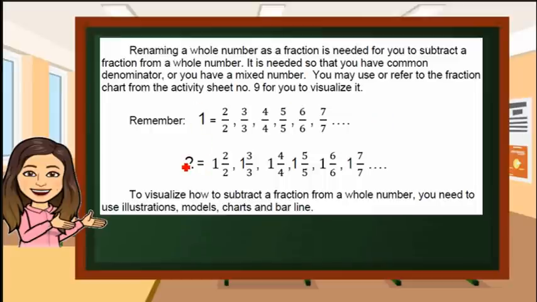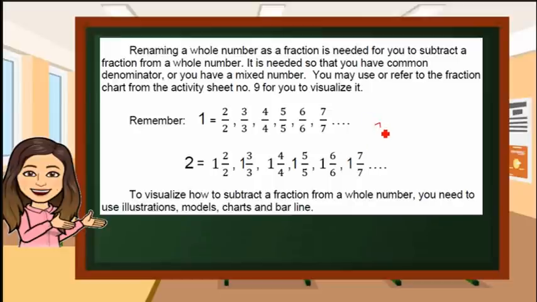Then also in 2 whole, you have just to write the 1 as your whole number, or you will have to write a mixed number here. So 2 whole is equivalent to 1 and 2 halves if the whole is divided into 2, then the list goes on into 1 and 3/3, 1 4/4, 1 5/5, 1 6/6, 1 7/7.